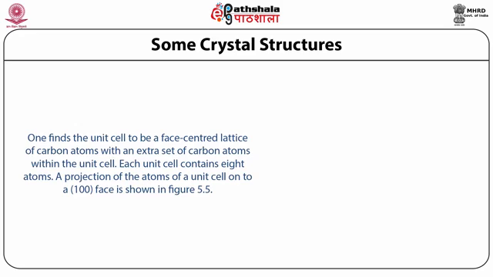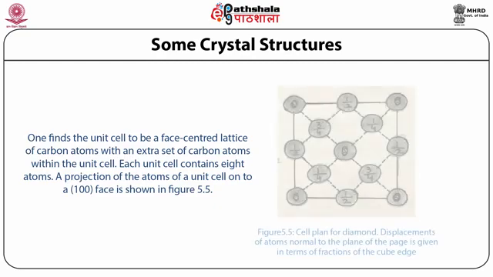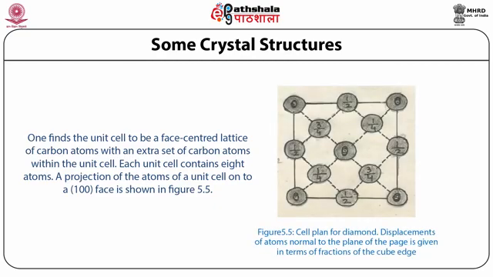A projection of the atoms of a unit cell onto a 100 face is shown in figure 5.5, which is the cell plan for diamond. The displacements of atoms normal to the plane of the page are given in terms of fractions of the cube edge.